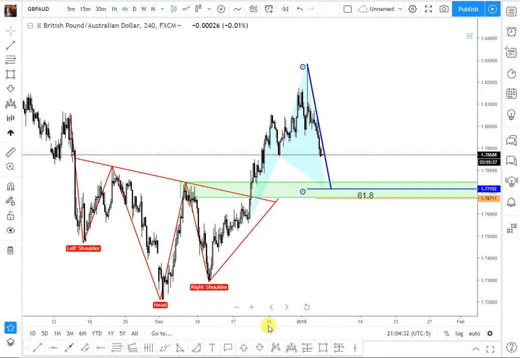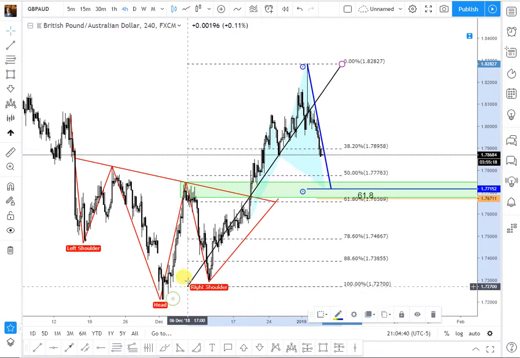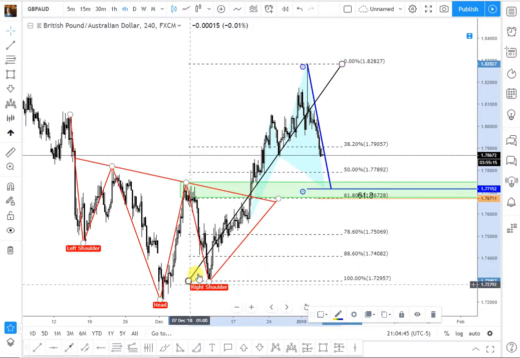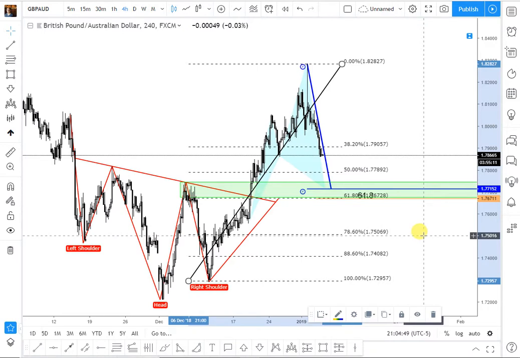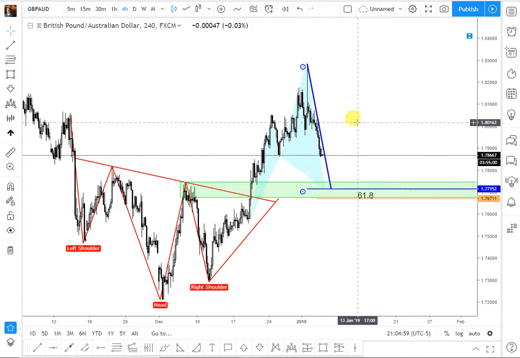Okay, and we also have a 61.8 as a golden ratio from this impulse at the same level at 1.7671. So we expect this zone here to be a reversal zone for this pair to go up.